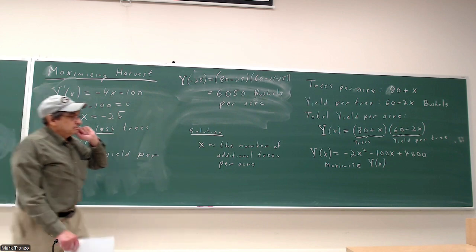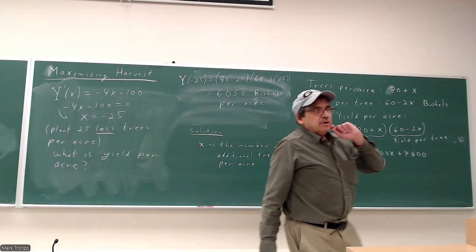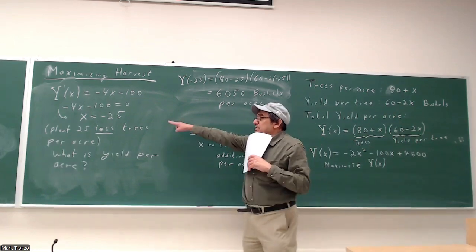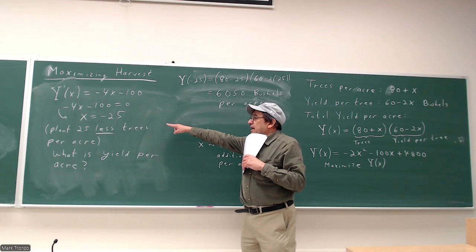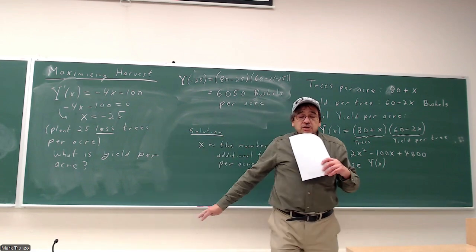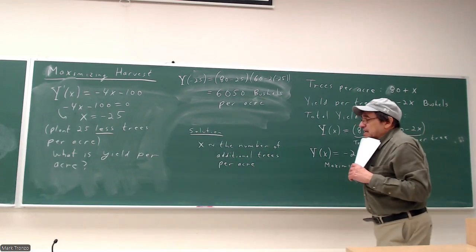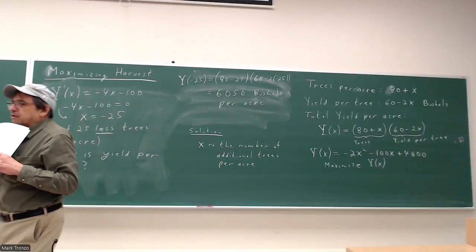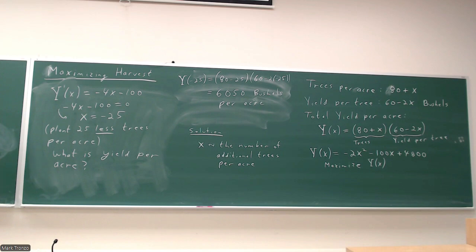This assumes a linear relationship between the number of trees per acre and the bushels she gets. In reality it may not be quite linear, but this is probably still a very good estimate. If you can estimate how many trees per acre will cause the yield to increase or decrease, you could maximize the yield using something like this.